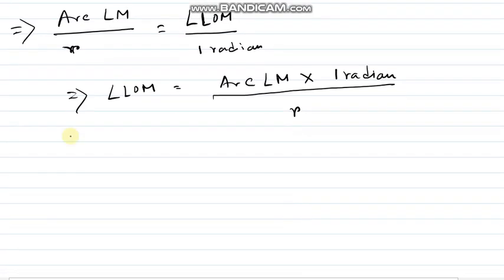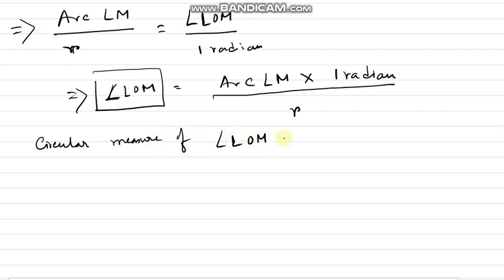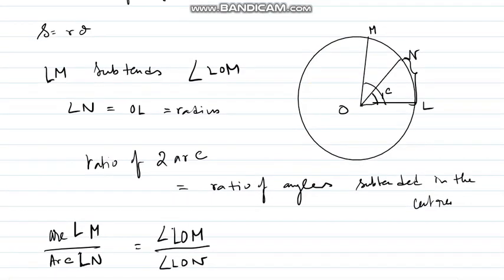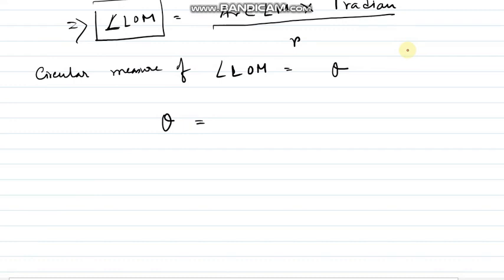So if I take the circular measure of angle LOM as theta, and the length of arc LM as S, then theta equals S divided by r.